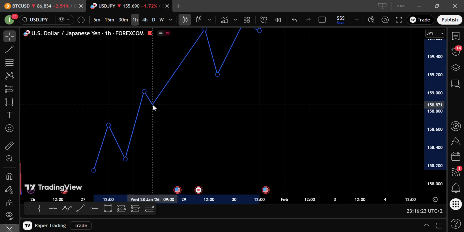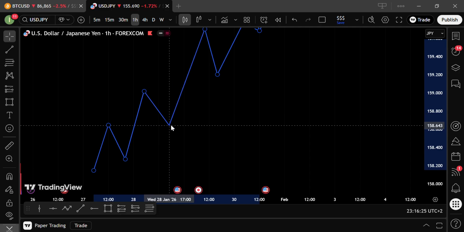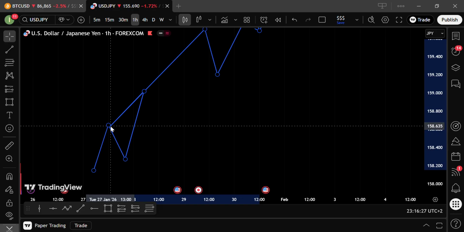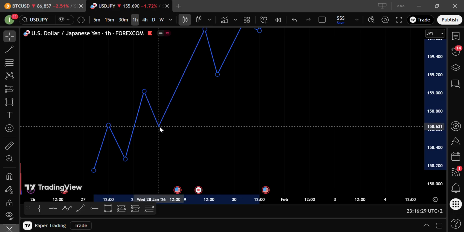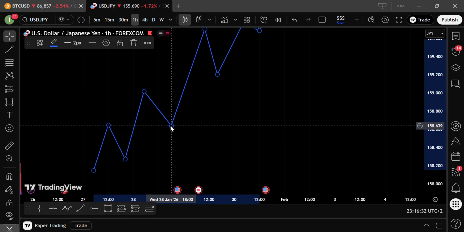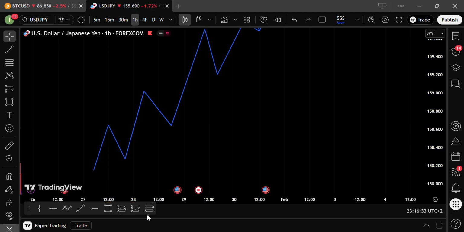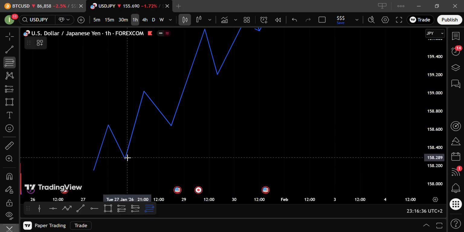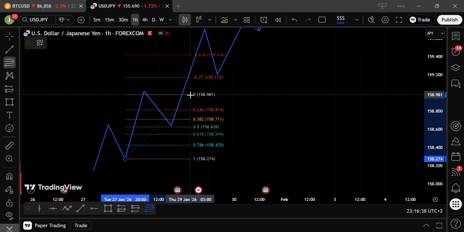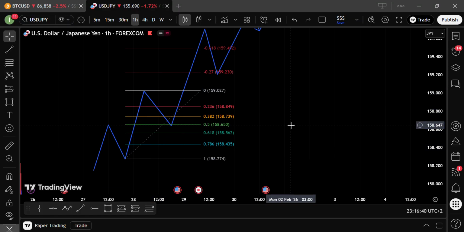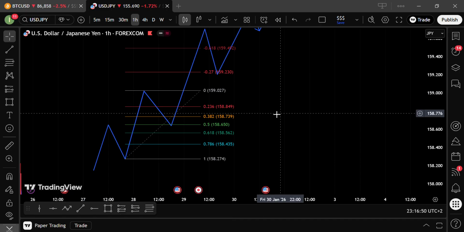Now we just have to expect price to come and retest this level, or sometimes it might even go lower depending on the volatility of the market or which session you chose. It might be the New York session, because most of the time New York session is highly volatile, especially in pairs that are combined with the US dollar.